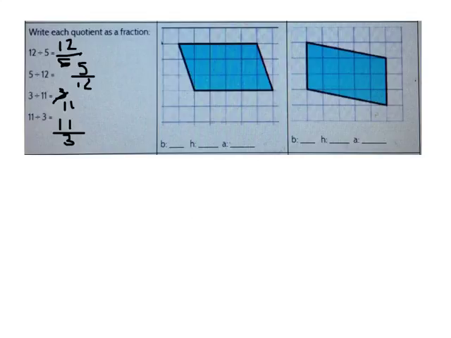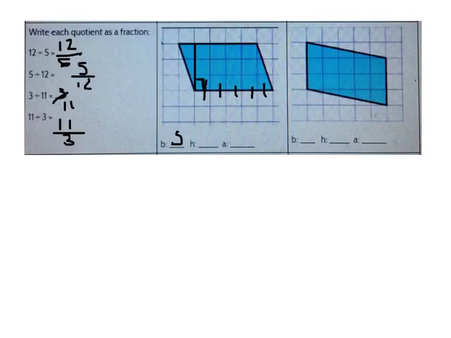Now let's find the area of some parallelograms. What's the base of this parallelogram? The base is 1, 2, 3, 4, 5. Remember, I only count the length of the line. Now, to find the height, I can't count a slanted line. I need to draw a right angle to the base.